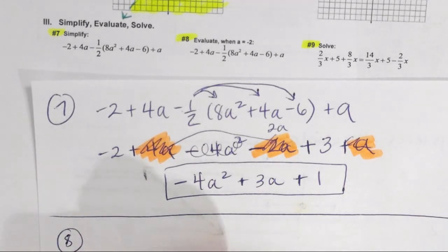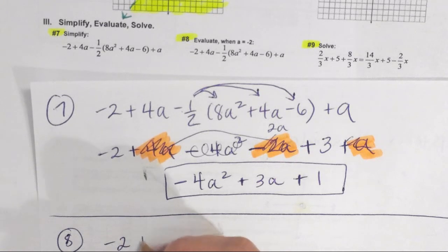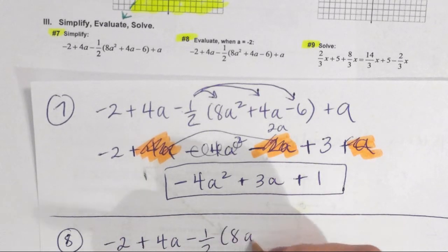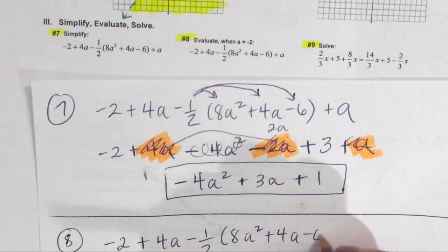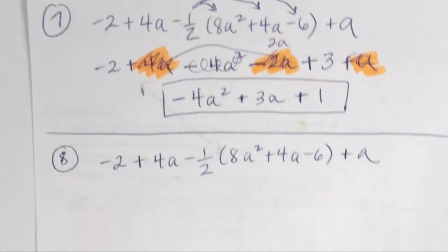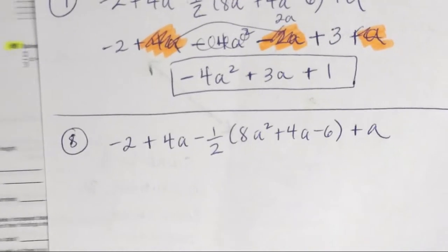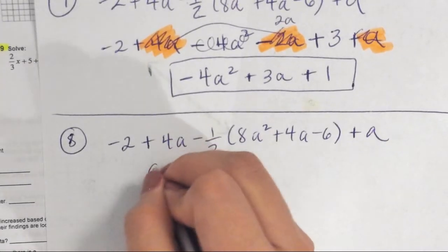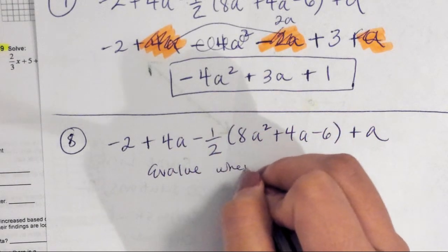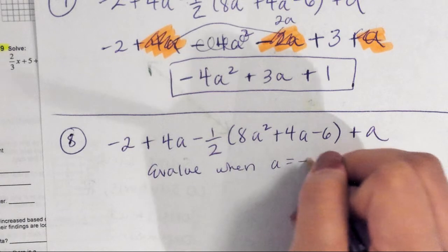Let's look at number 8. I have negative 2 plus 4a minus 1/2 (8a squared plus 4a minus 6) plus a. Now for this one, guys, they want us to evaluate. Evaluate means you're going to get an answer when you plug in a number. It says evaluate when a equals negative 2.